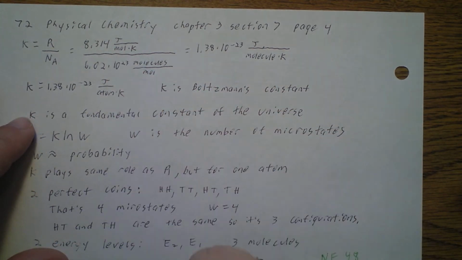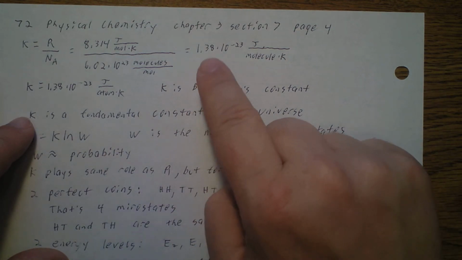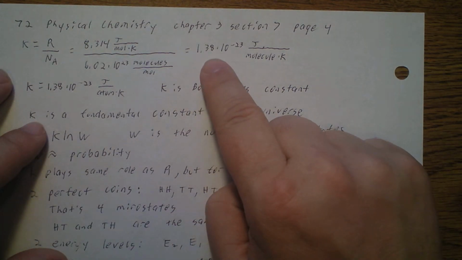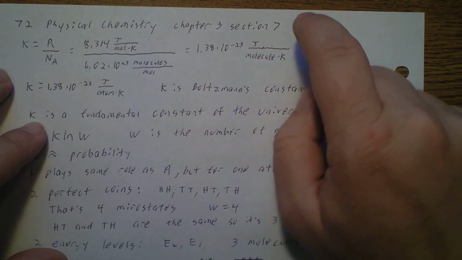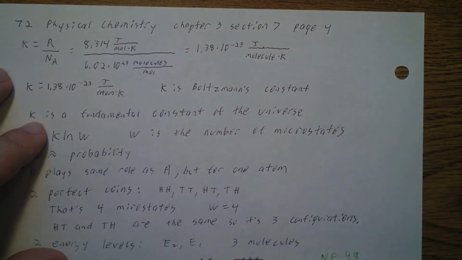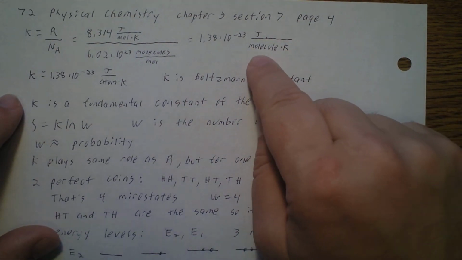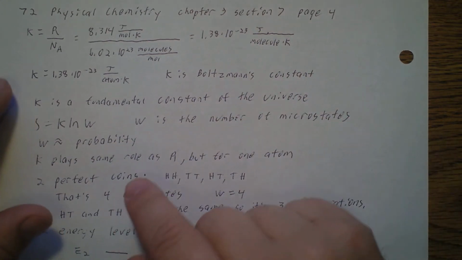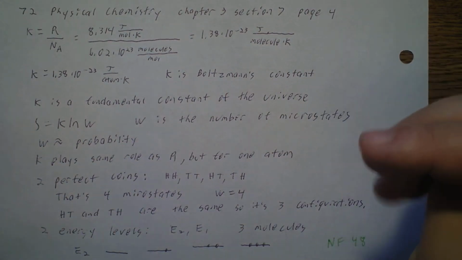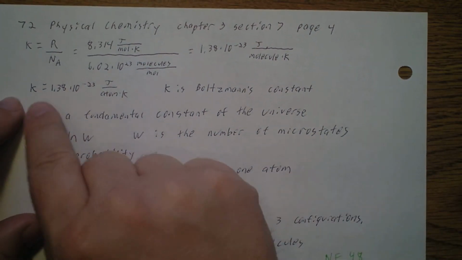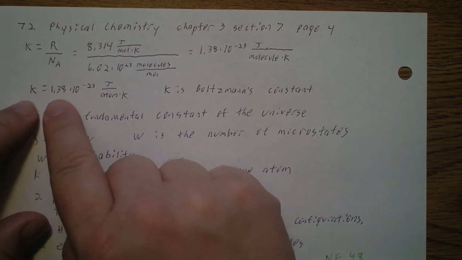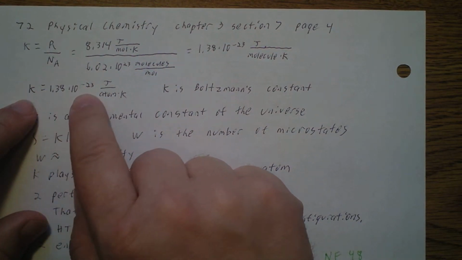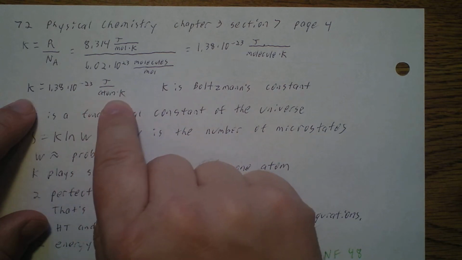But notice the moles cancel out. Therefore, K is equal to 1.38 times 10 to the negative 23rd joules per molecule per Kelvin. Which again, molecule isn't even really a unit, but if we just said joules per Kelvin, you'd probably think it was heat capacity or something. So K is equal to 1.38 times 10 to the minus 23rd joules per atom per Kelvin.